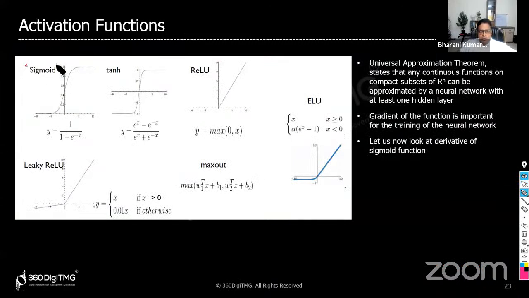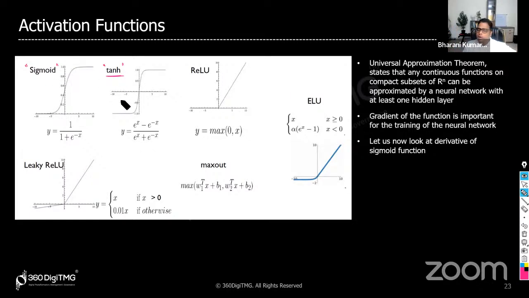Next. So we have sigmoid and we also have tanh. Tanh stands for hyperbolic tangent. When it comes to hyperbolic tangent, this also belongs to the smooth family.